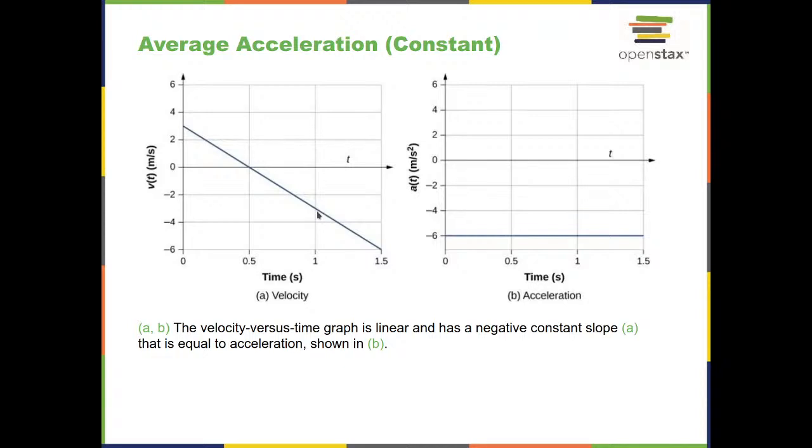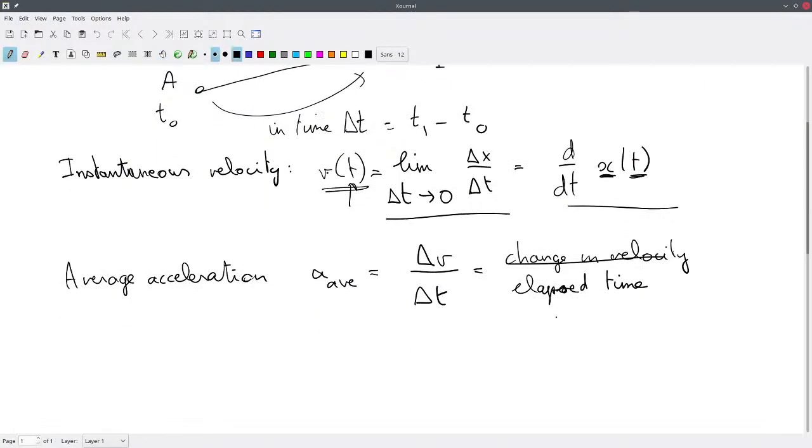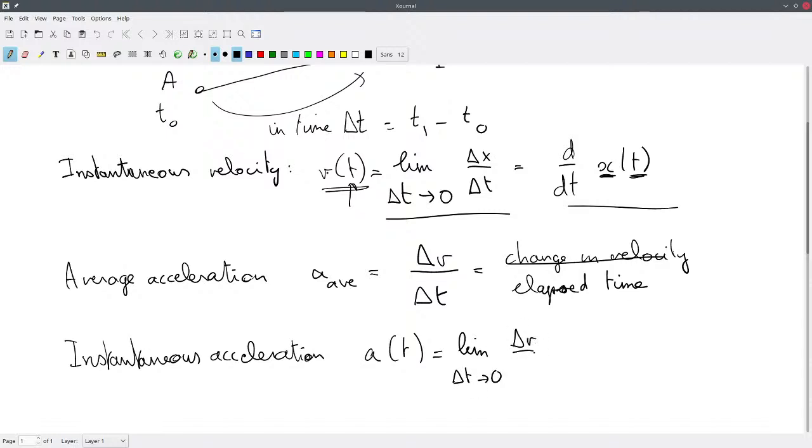Now, of course, we can also turn this into an instantaneous acceleration, just like we did with instantaneous velocity. I'll let you guess what that is defined as. A as a function of t is the limit for delta t going to 0 of delta v over delta t, or the time derivative of the velocity function.